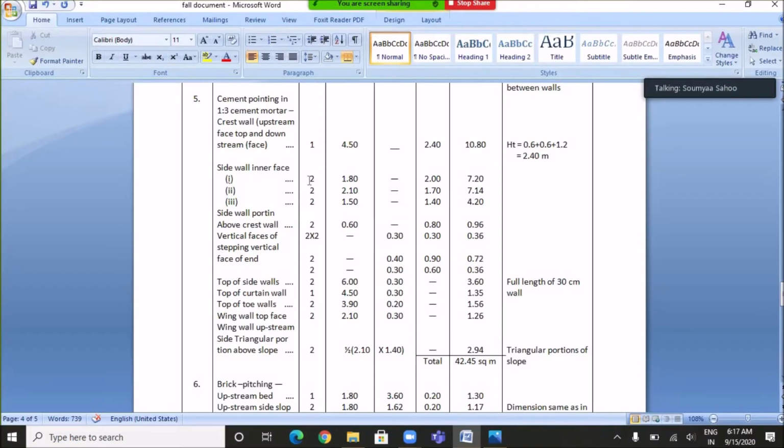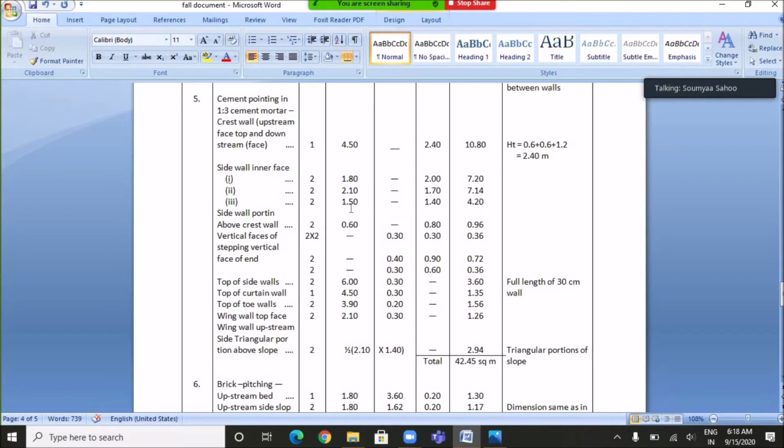So if we fill this data in the table, then a number will be 1, the length will be 4.5 meter and the height will be 2.4 meter, and the total quantity of the cement pointing work will be 10.80 square meter.